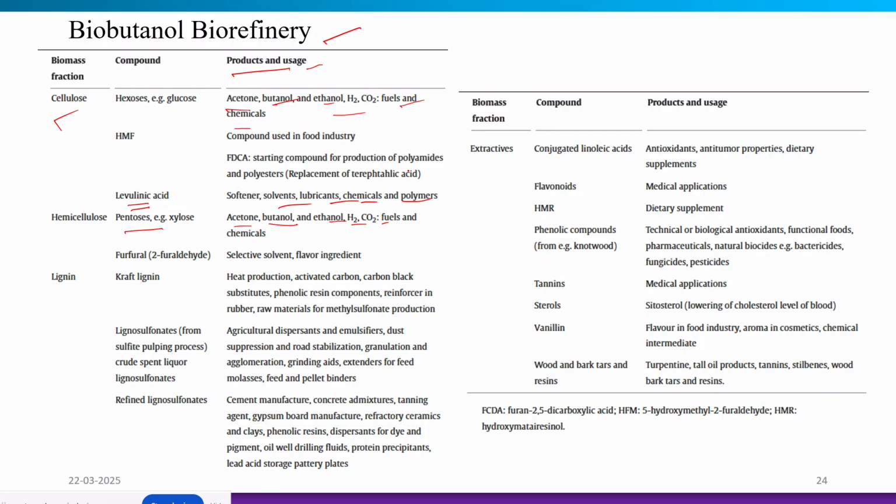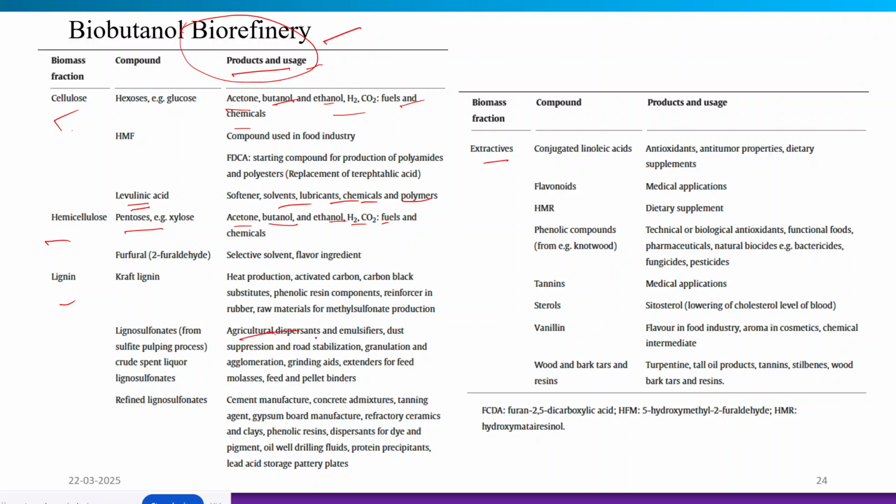So depending on the variation in biomass fractions, that is extractives, lignin, hemicellulose, and cellulose, we can build an effective biorefinery for the production of various chemicals which have uses in the chemical industry as well as the food industry, also different solvents and the polymer industry.